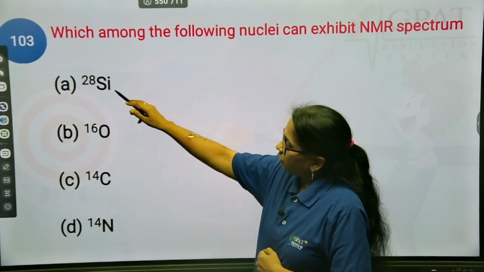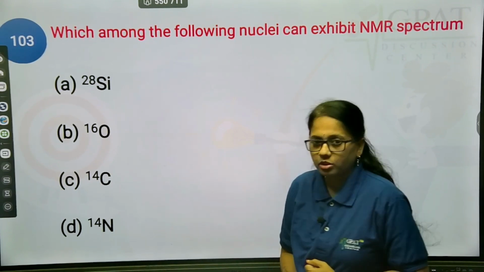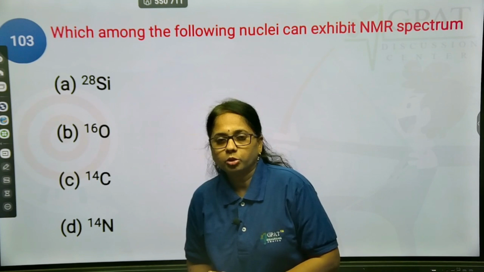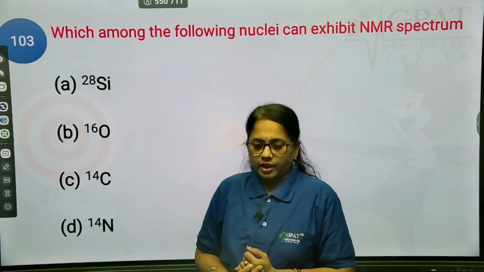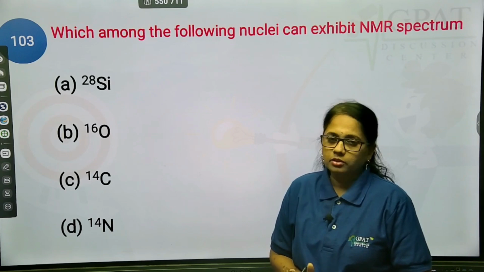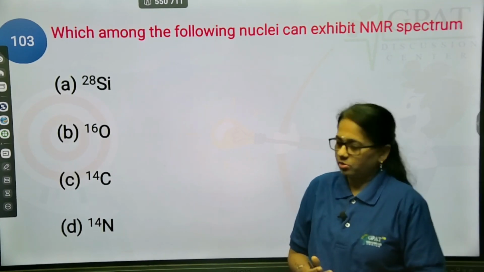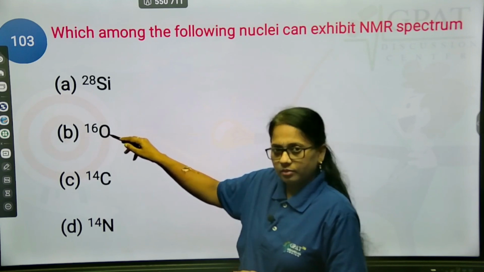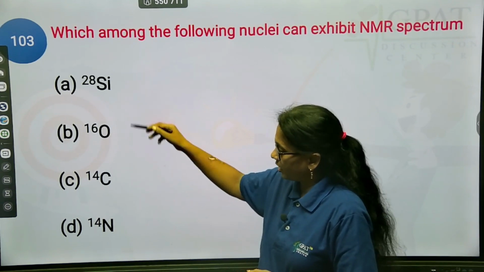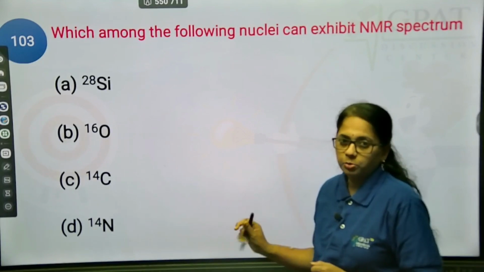And if you observe the other 3 options, silicon, oxygen and nitrogen, we know that there is a trick to identify NMR active nucleus. That means if the mass number is divisible by 4, that means that is NMR inactive nucleus. Okay. And these two are divisible by 4. So option A, B are also not suitable. So option D is going to be the right answer.